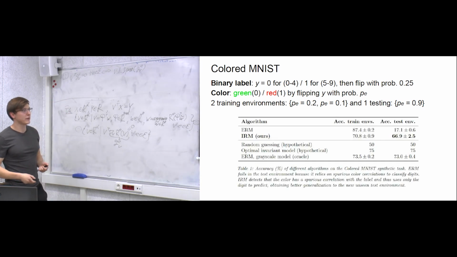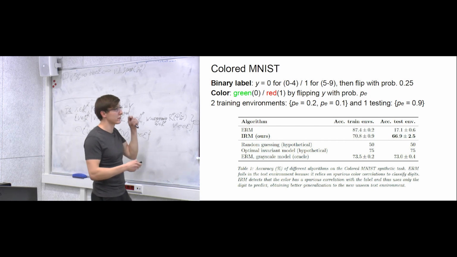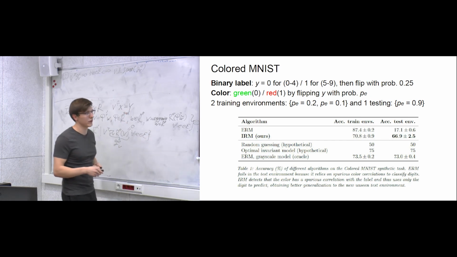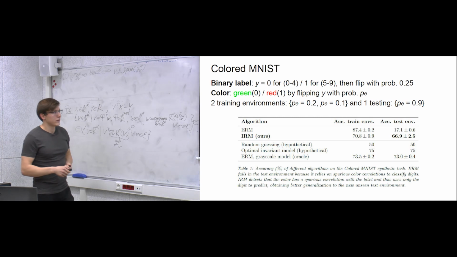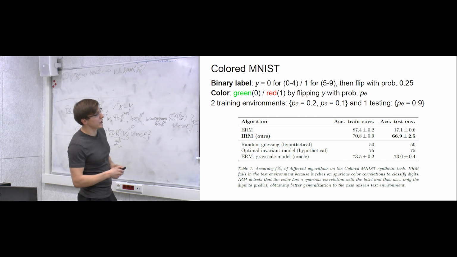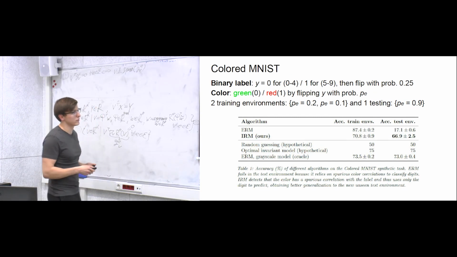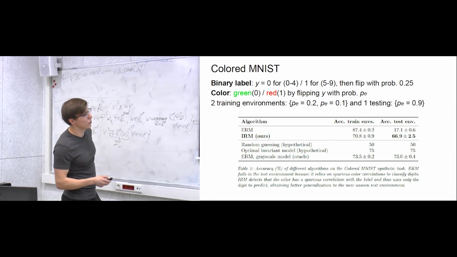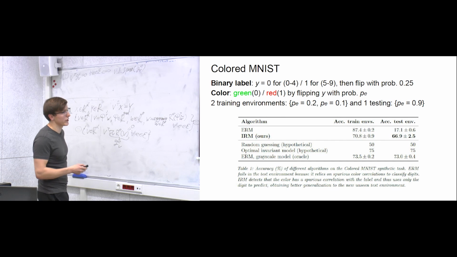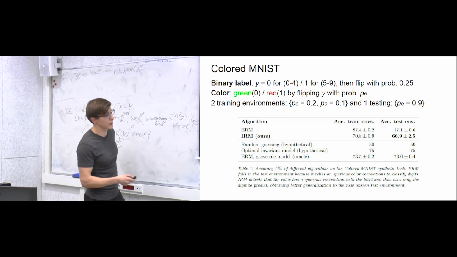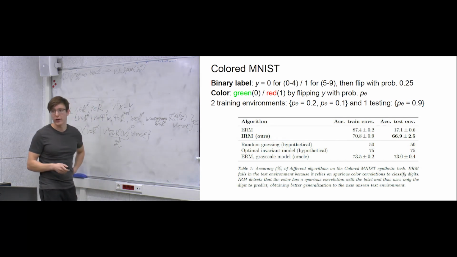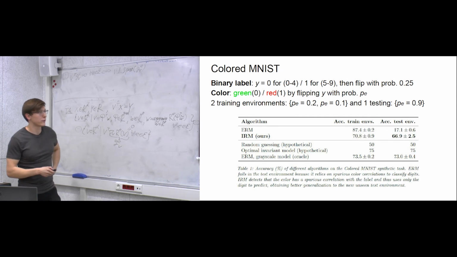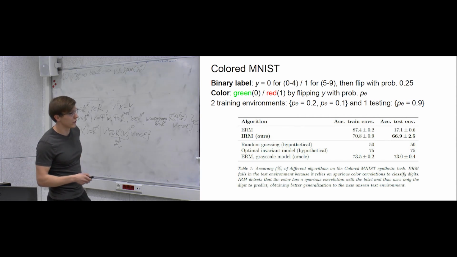Okay? And here are the results. They compare against simple empirical risk minimization. As you can see, ERM, as can be anticipated, has a very low training loss because it uses color, but it absolutely fails on the test environment. Whereas IRM seems to be more or less robust. And here we have several other baselines.